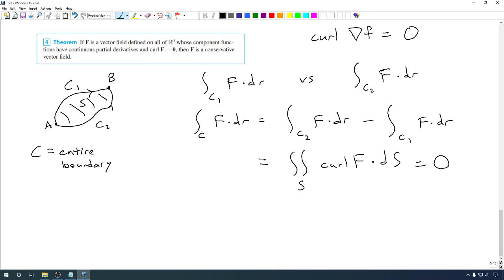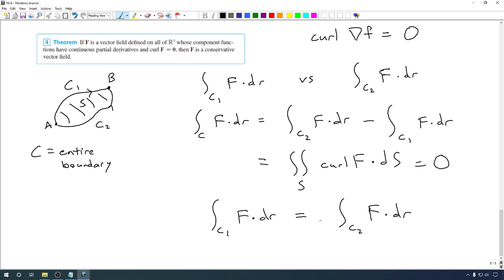The integral of 0, whether it's 0 as a scalar or 0 as a vector, is just going to be 0. That means that this difference has to be 0, that these two integrals have to be the same thing. So the integral over C1 of f dot dr has to equal the integral over C2 of f dot dr.